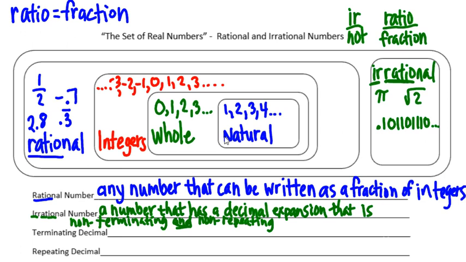Okay? Now, terminating. What did we say that terminate means? Terminating, just like the Terminator in the movies, terminate means to end. The Terminator was sent to end Sarah Connor's life. So terminating decimal is a decimal that ends. I am going to make this definition a little more technical to make it more specific, because do any of the decimals really end?